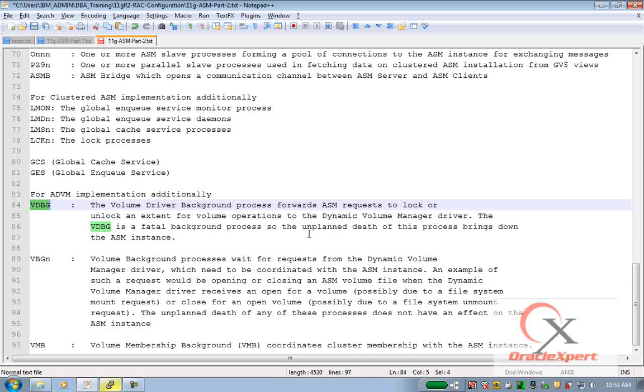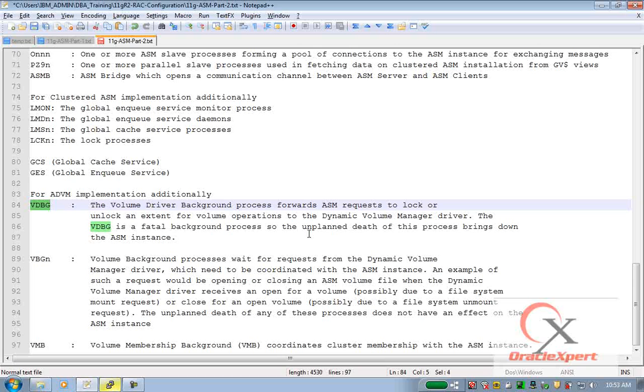On similar lines, if you have implemented ADVM, you might also see VBGx, which is a volume background process. It waits for requests from the dynamic volume management driver, which need to be coordinated with the ASM instance.